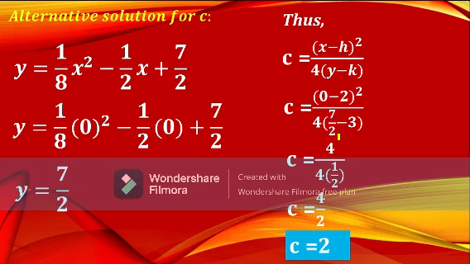So we write 7 over 2, then minus 3. 3 is given. Again, (h, k), our vertex, is given. Then (0 − 2)² is 4. Then you have 4 times (7/2 − 3). 7 over 2 minus 3 is 1/2. Then 4 times 1/2 is 2. Therefore, c is equal to 4 over 2. c is equal to 2.